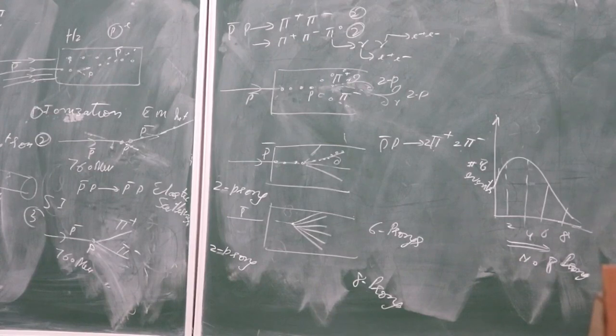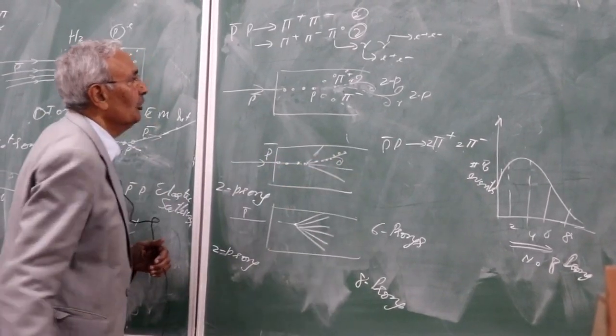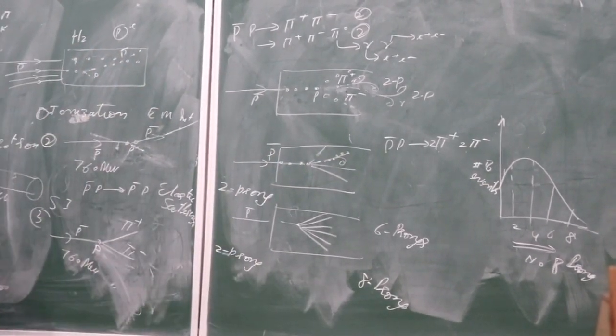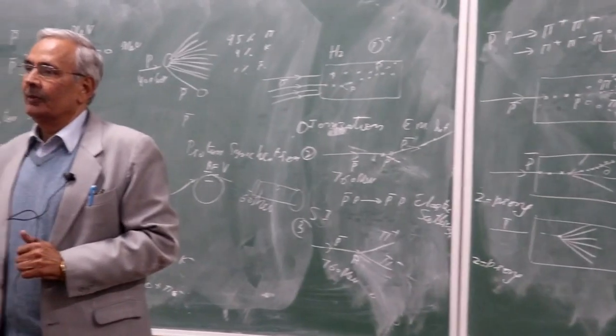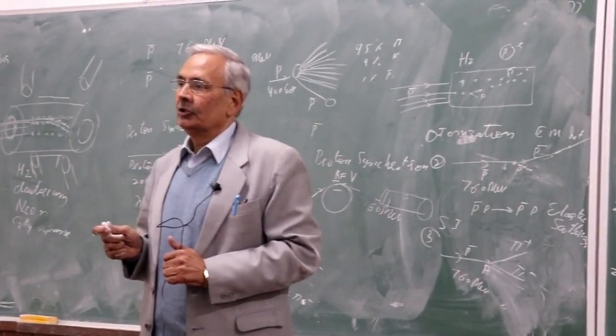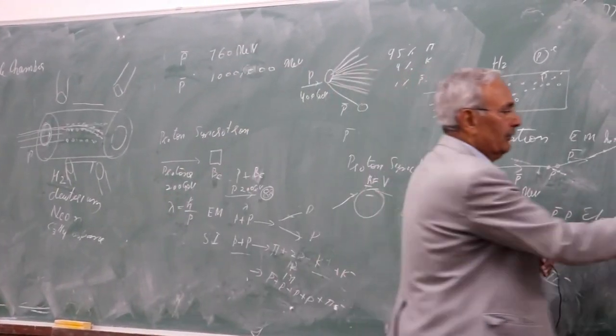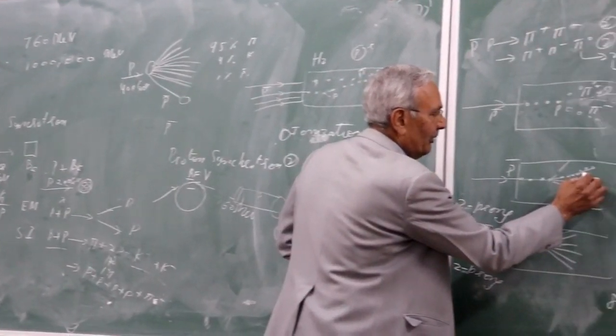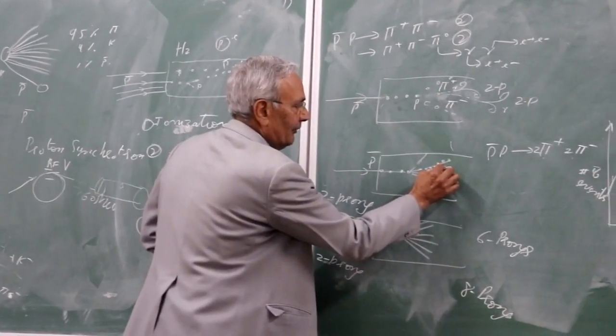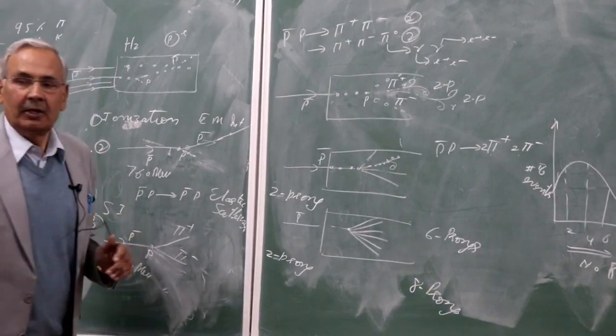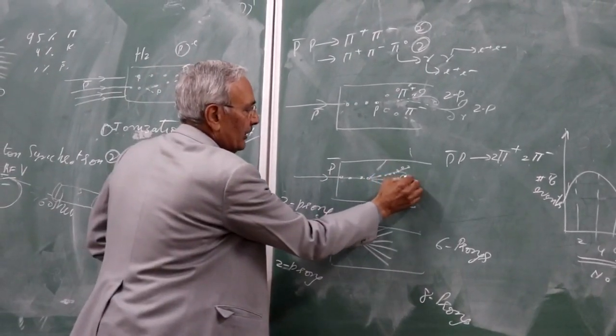Then bubbles will be formed because of pions also. Once in a while, the outermost orbit electron of the atom gets kicked up with a very high momentum. If it has a very high momentum, it will leave the track. So you will be able to see that it has come from the atom which is close to the bubble, and then it will form the trajectory.